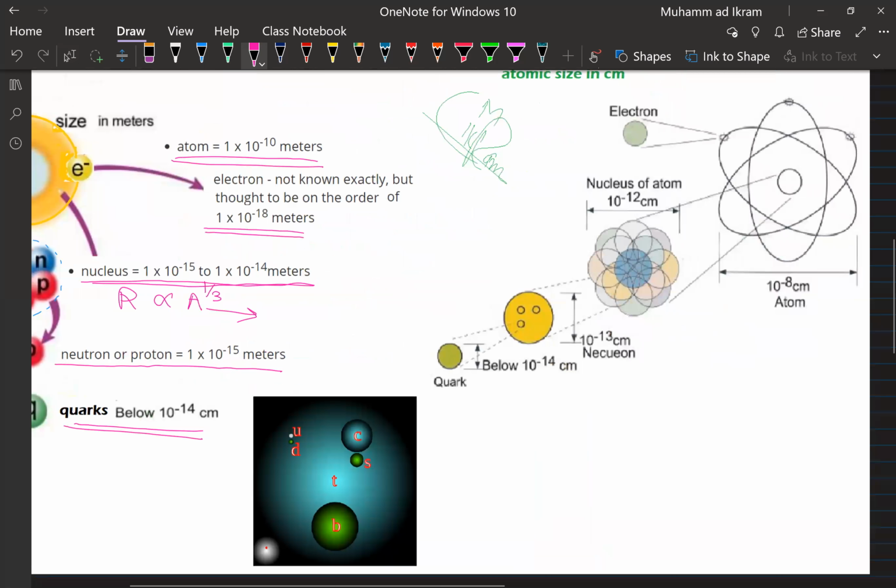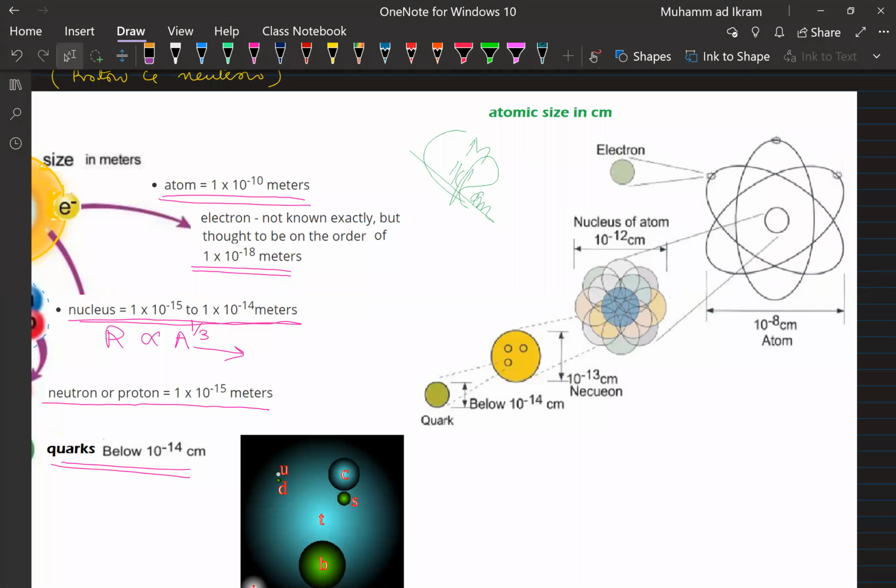Similarly, look at the atomic structure here. You see the electron orbiting around the nucleus in elliptical orbits. And here you see the size of the atom. And then here you see the nucleus, which is of size 10 to the minus 12 centimeter.